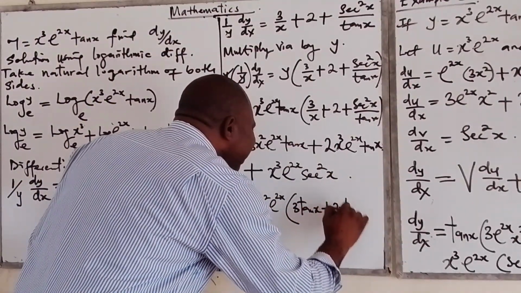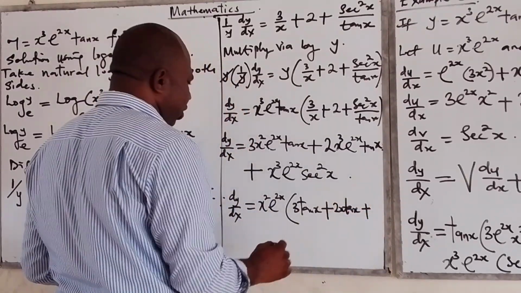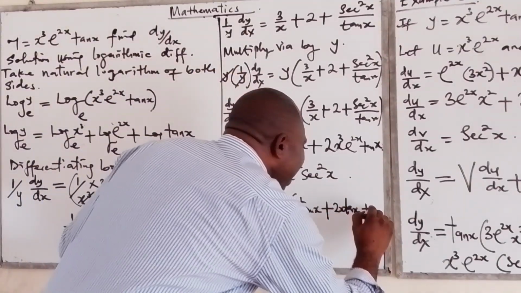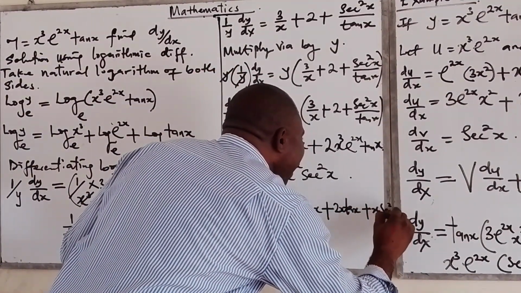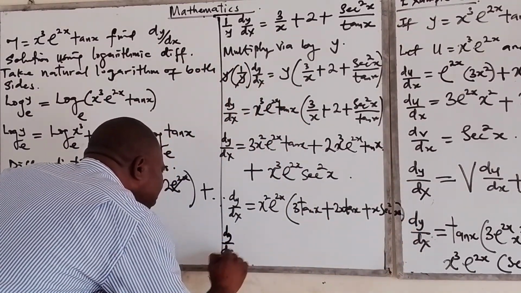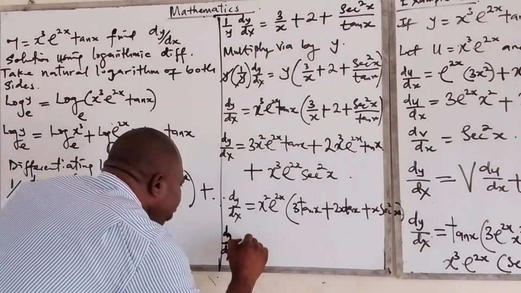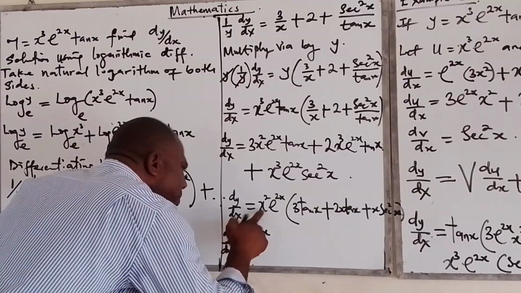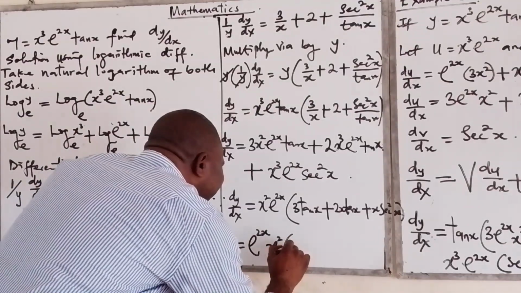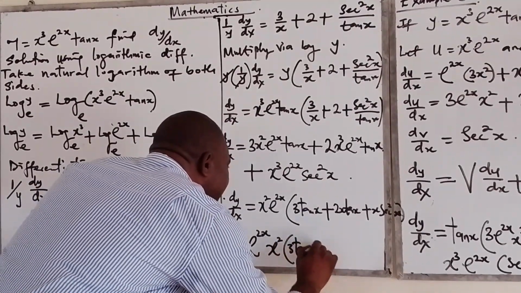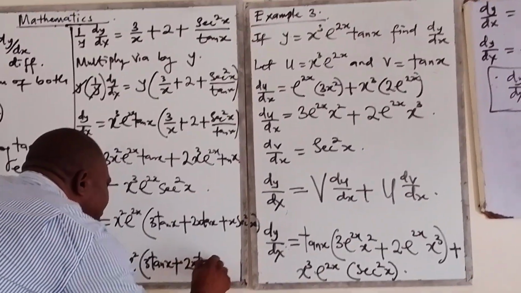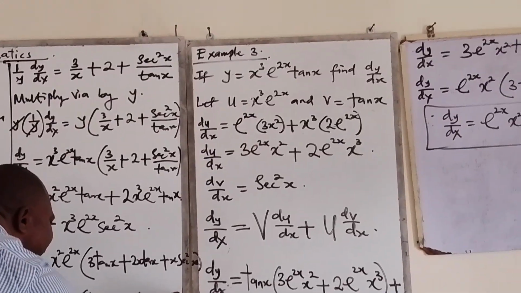We have 2x tan x, then plus, now this one is outside, and out of this x squared is outside. So here we have x sec squared x. So dy/dx will be equal to e raised to the power of 2x, x squared before this, then here we have in brackets 3 tan x plus 2x tan x plus x sec squared x.